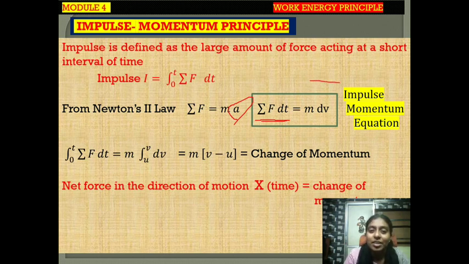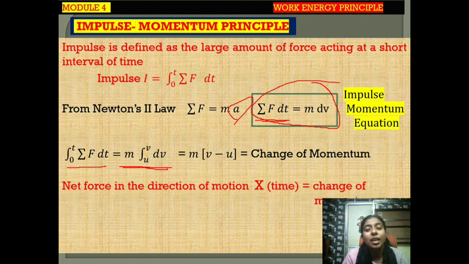So this equation, sigma F into dt is equal to m into dv, is called impulse momentum equation or impulse momentum principle. Integrating from 0 to t, sigma F into dt is equal to mass into the integral of dv, change in velocity from u to v. So we get impulse is equal to mass into change in velocity, v minus u.